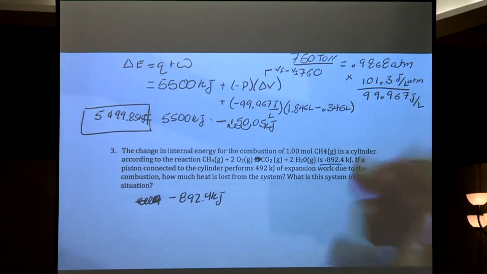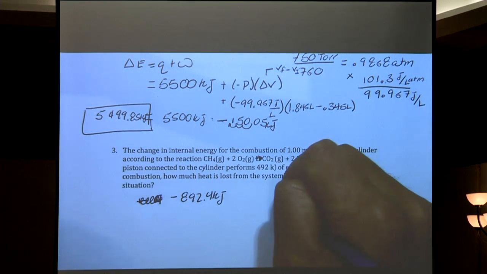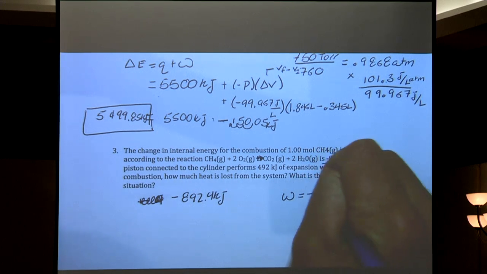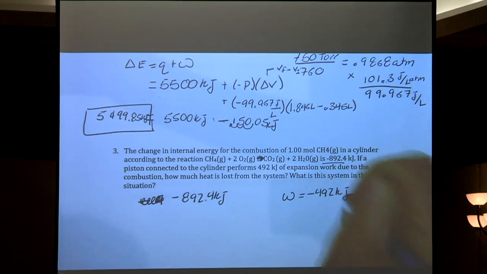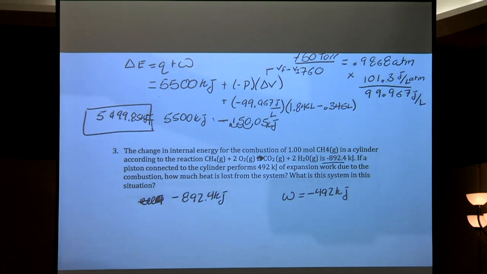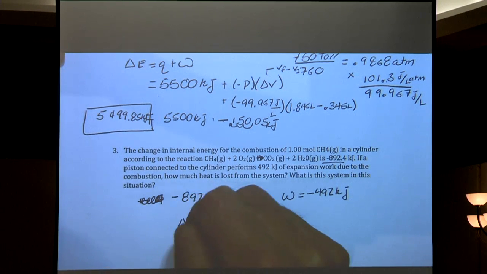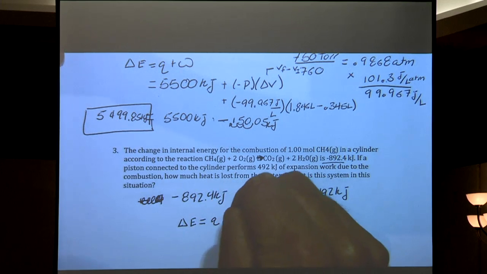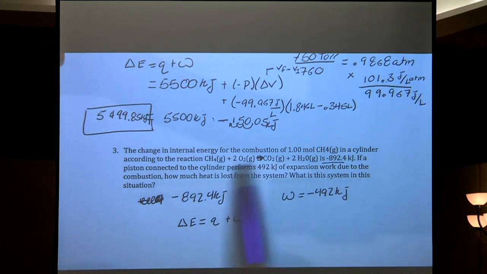And we know that we have a work of negative 492 kilojoules of expansion. How much energy is lost due to heat? So we have delta E equals Q plus W. We have energy coming from this reaction, we have heat and work.